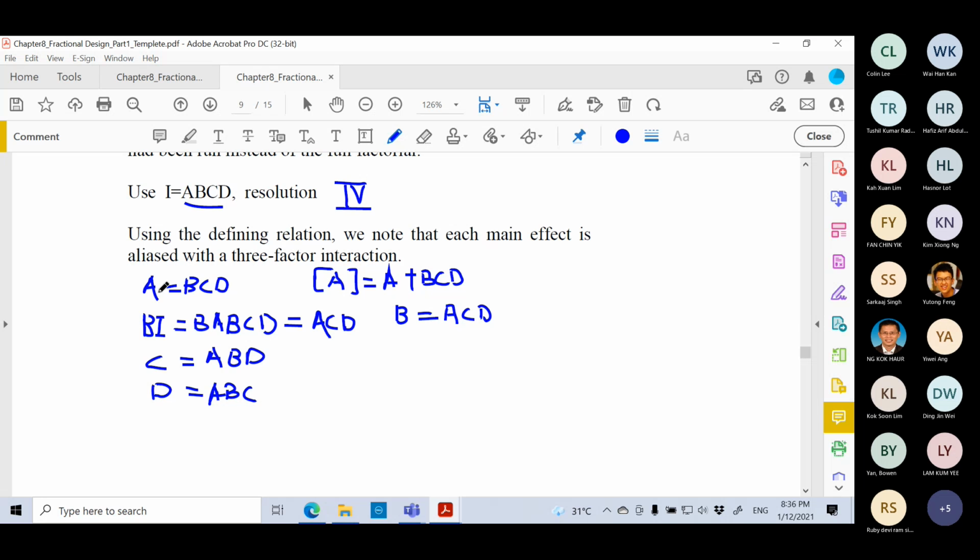Once you complete the main effects, you need to write the two-factor interactions. You consider AB; you multiply AB on the left-hand side and you get CD out.